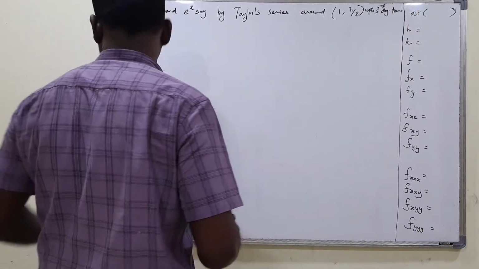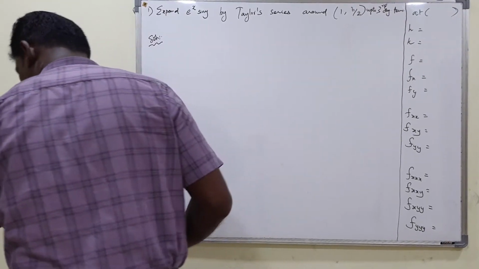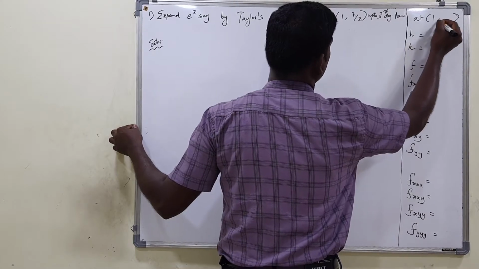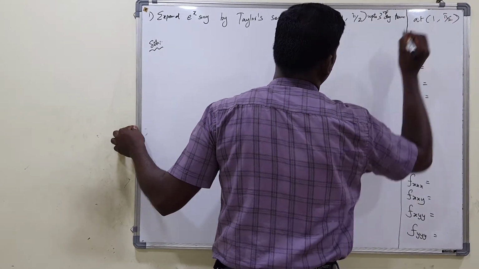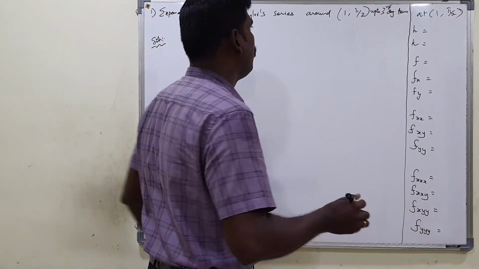So the function is the same as the previous one, e power x sin y. The point is different. The point is given as 1 comma pi by 2. So we are going to find the Taylor series of this function at 1 comma pi by 2.